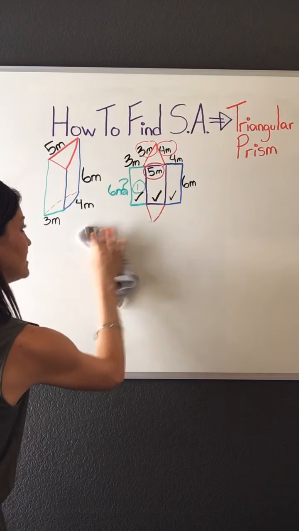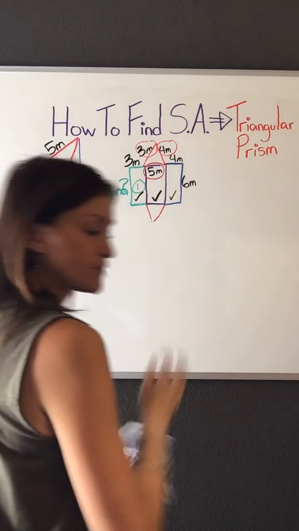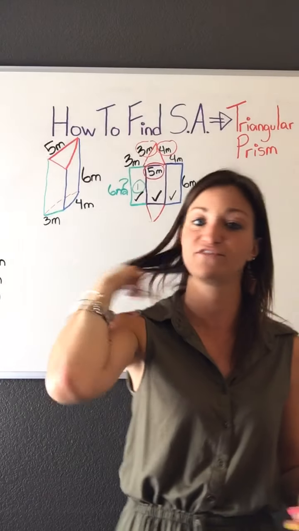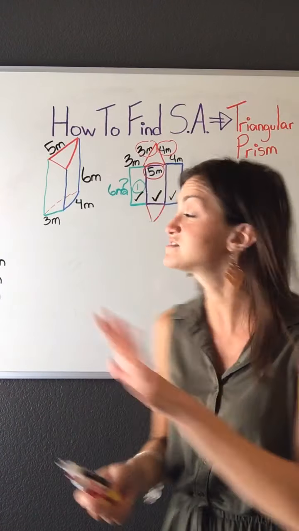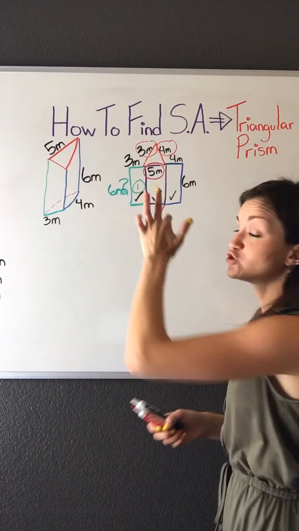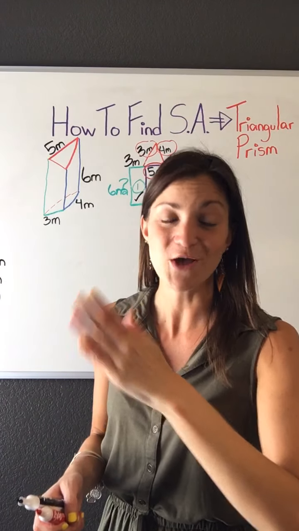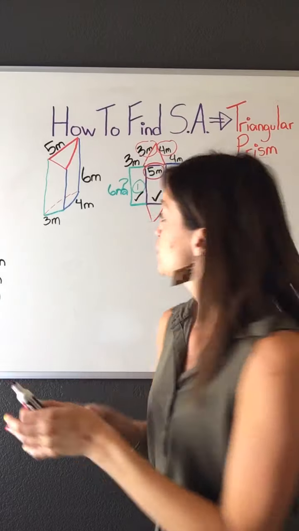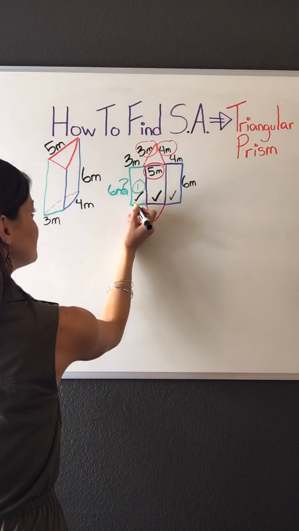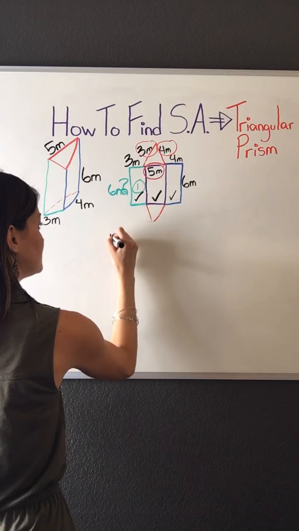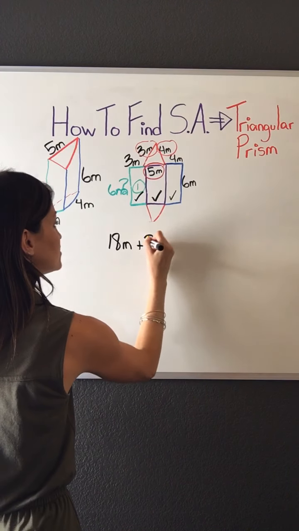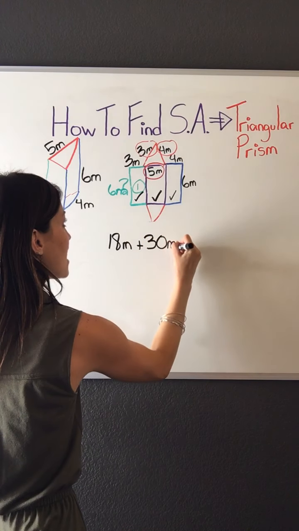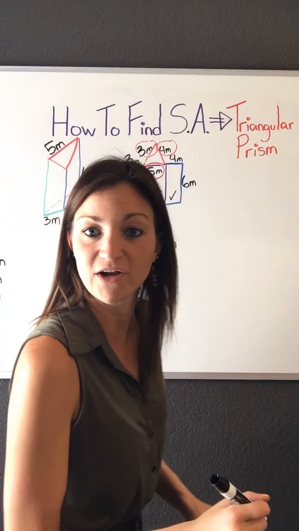So whatever you're writing on, a whiteboard, a loose leaf paper, a notebook, whatever have you, this triangular prism has 5 faces, 3 rectangles and 2 triangles. So now we're going to add them together. Our green rectangle was 18 meters, okay? Our purple triangle was 30 meters, and sorry, I'm saying triangle, I mean rectangle.